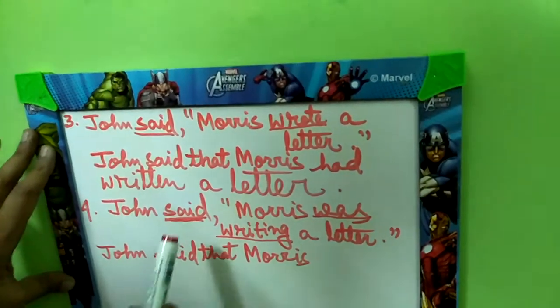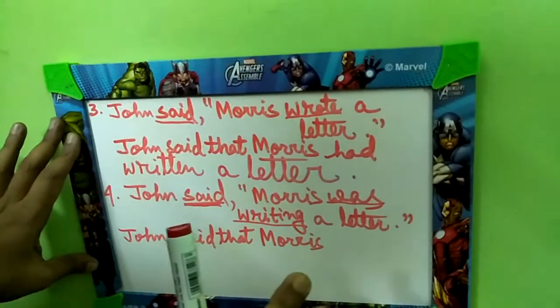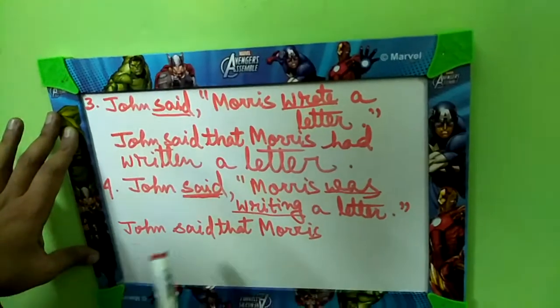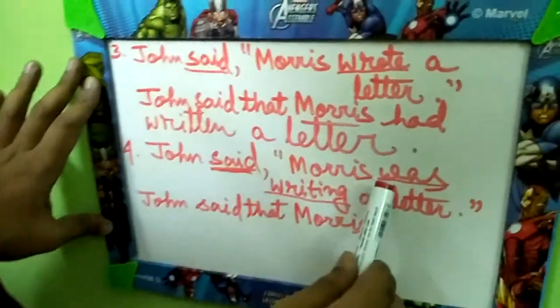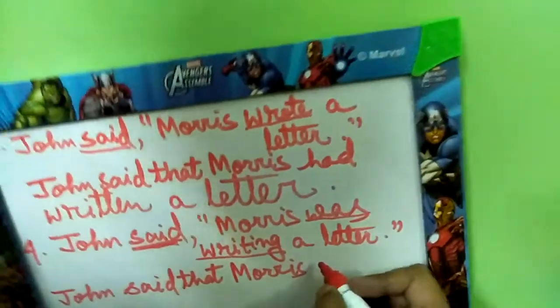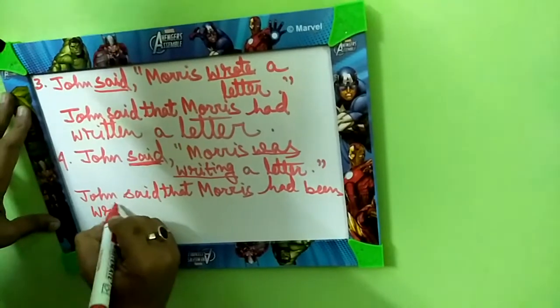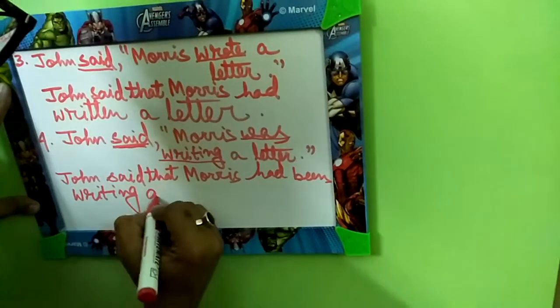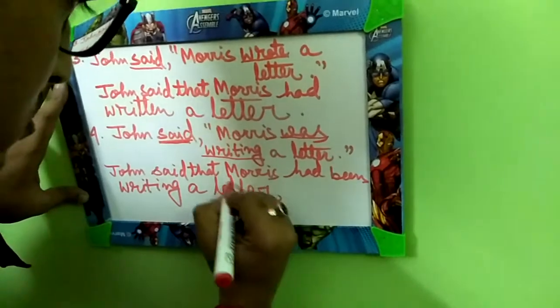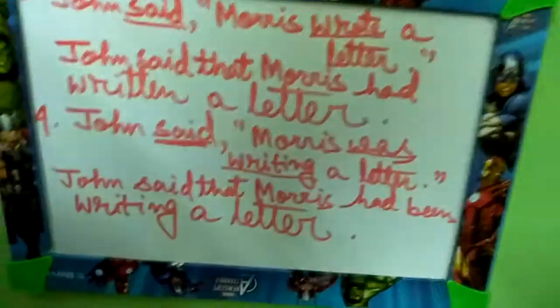Look at the formula. If the outside verb is in past tense and the inside verb is in past continuous tense, then when we write the answer, it becomes past perfect continuous tense. John said that Morris had been writing a letter.